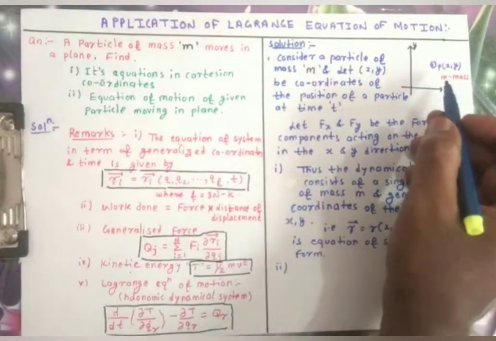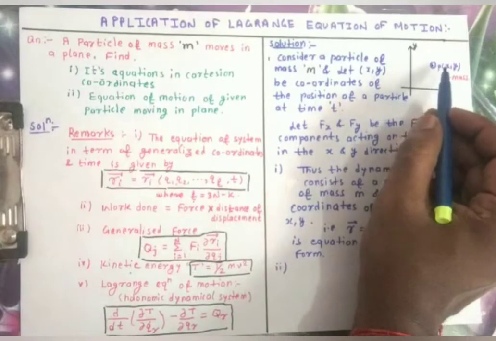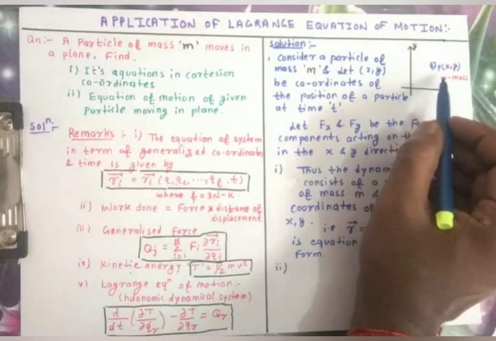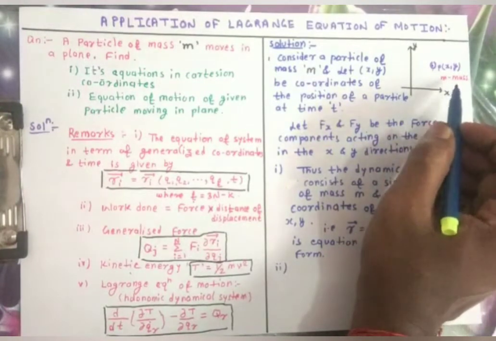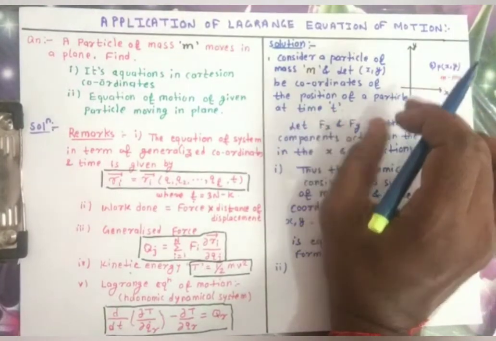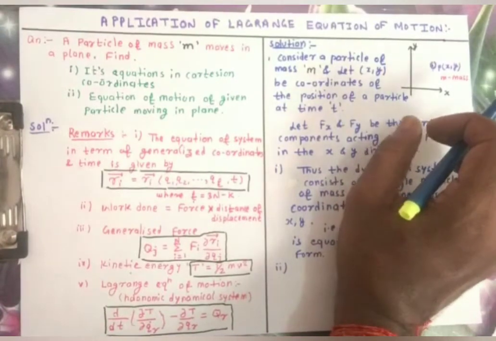So here the initial position of that particle is p, equal to Cartesian coordinates x, y, where m is the mass of that particle in a plane. If it is asked in space, then we think about a bird flying in the sky.